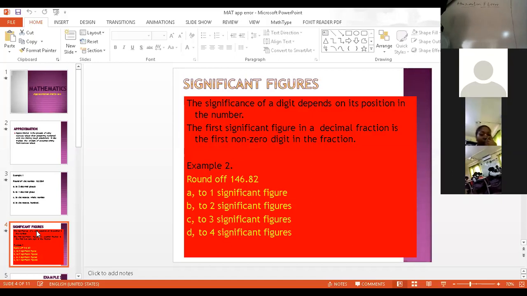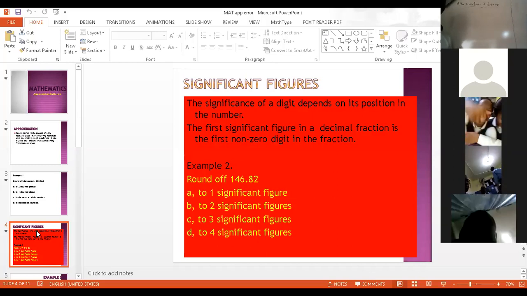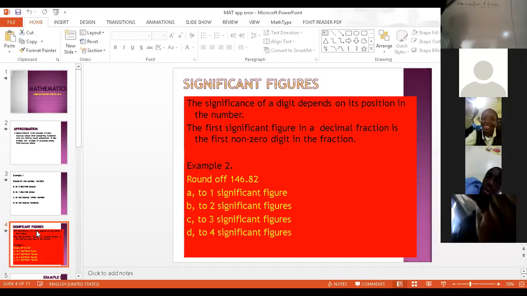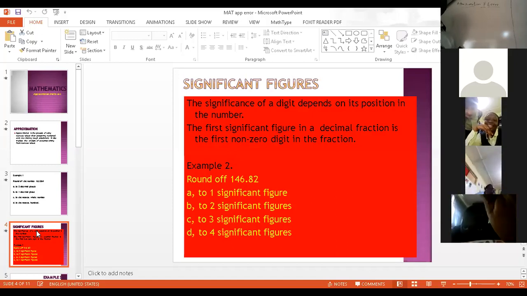You should also know that the first significant figure in a decimal fraction is the first non-zero digit in the fraction. I repeat, the first significant figure in a decimal fraction is the first non-zero digit in the fraction.